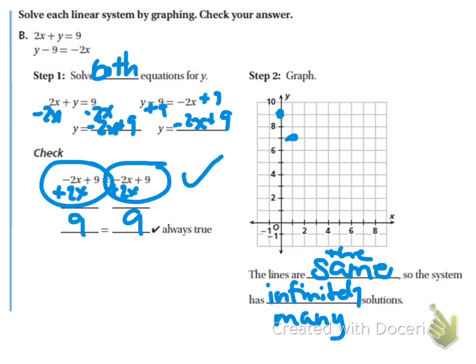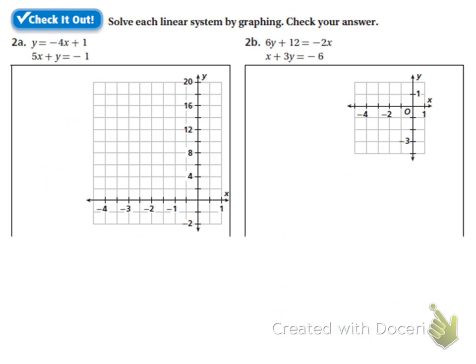So we're going down. So I have an infinite number of choices. Okay, try 2A and 2B. Check it out on your own.